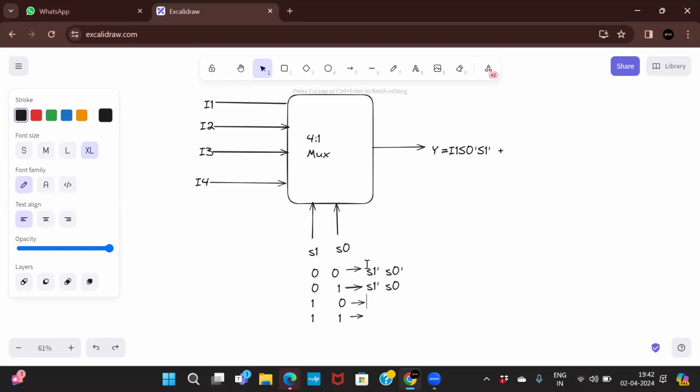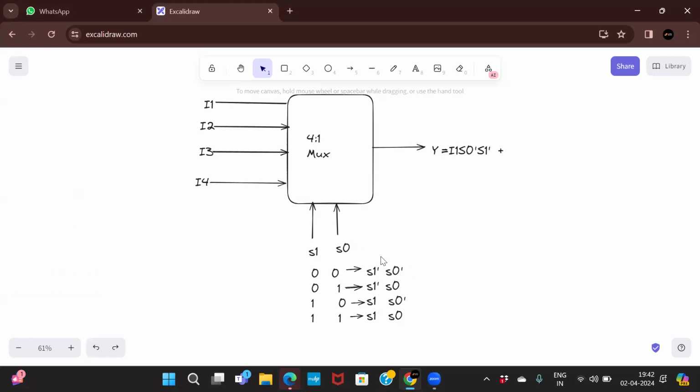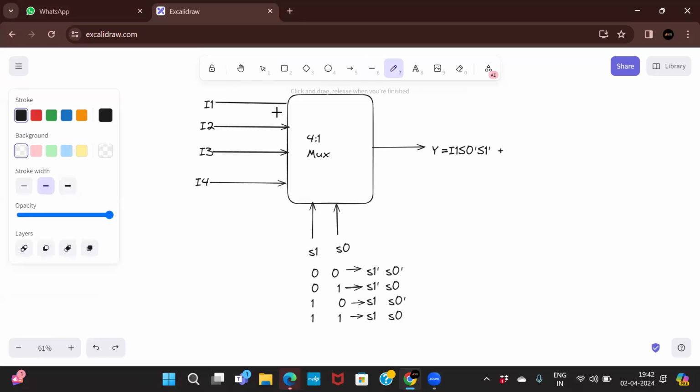Similarly, S1 is 1, so just write S1, and S0 is 0, so write S0 bar. Similarly, both are 1, so we don't need to write any bar. Just write S1, S0. So when 0 0 is there, it selects this line. When 0 1 is there, I2 will be selected.